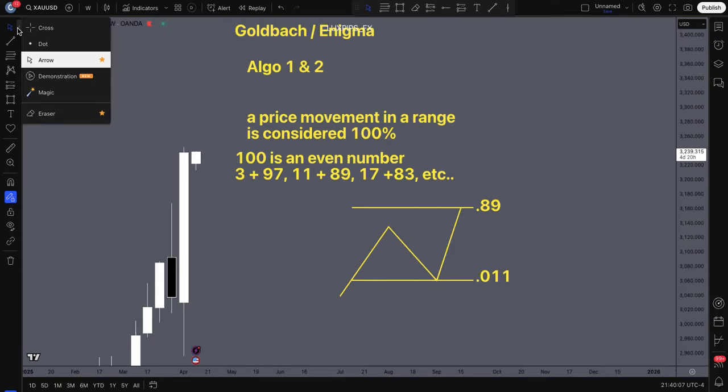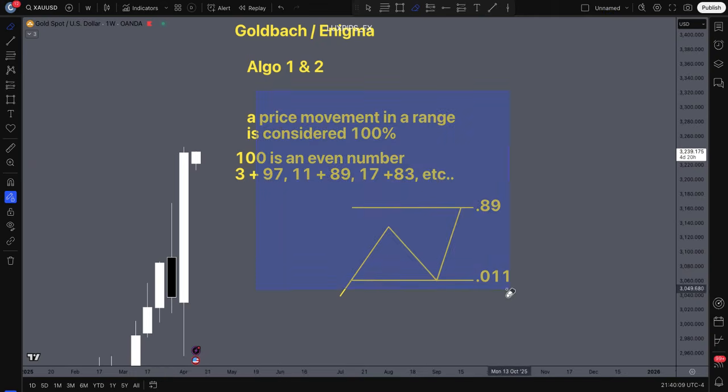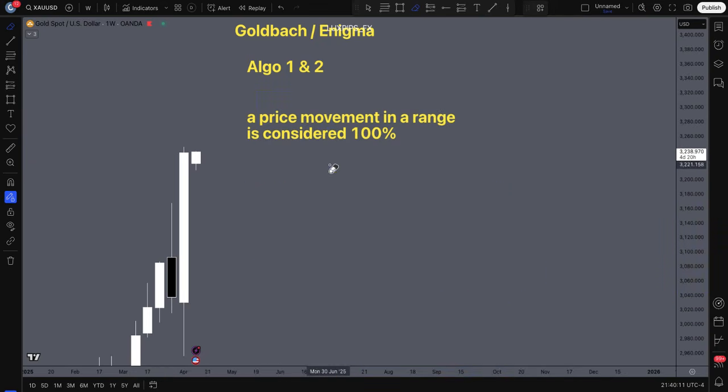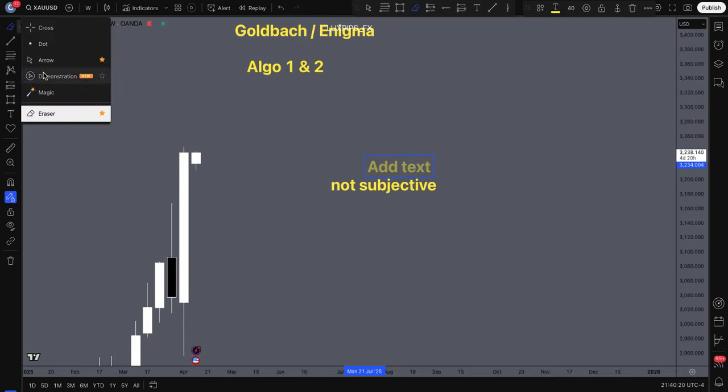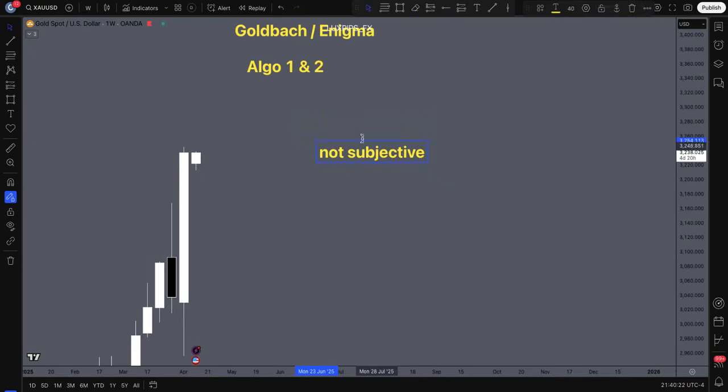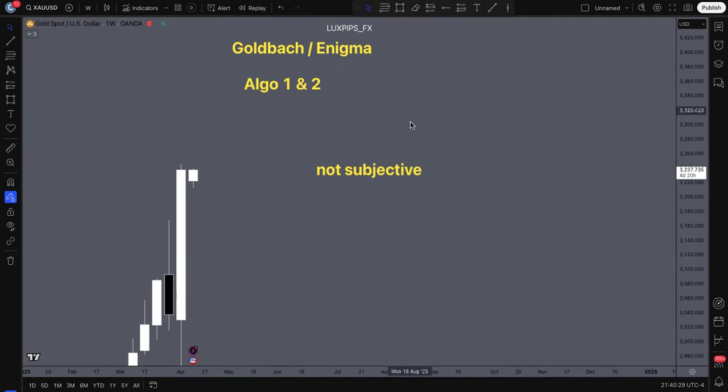So, first thing we need to say is Goldbach in trading is not subjective. This is the most important part about Goldbach. Any trading method that you use is subjective. It can be ICT, supply and demand, support and resistance. Everybody has their own way of drawing trend lines, of course, their own way of doing things. However, Goldbach is not subjective.